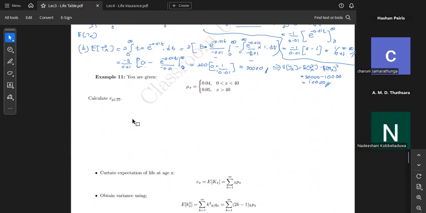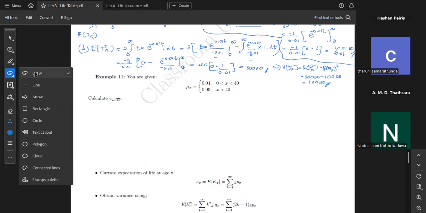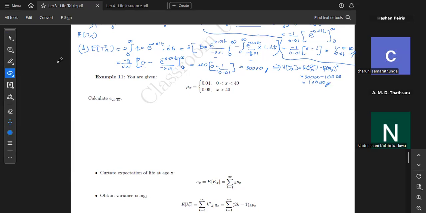Here, we are given the force of mortality, but it is a step function and it's constant in each step. So we can see it's 0.04 between 0 and 40, and 0.05 after 40.